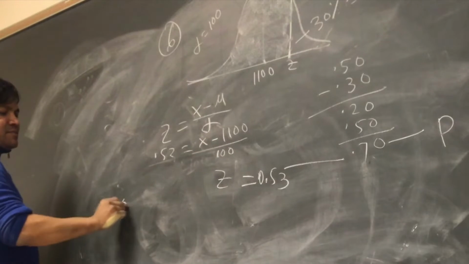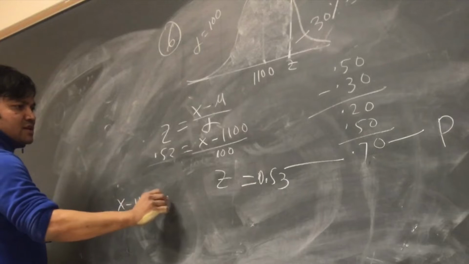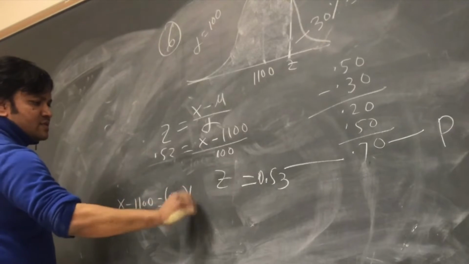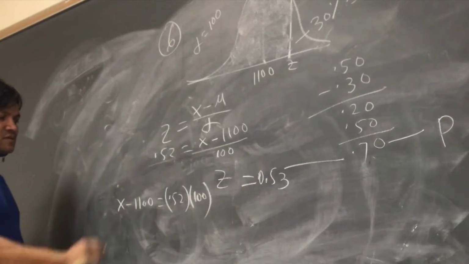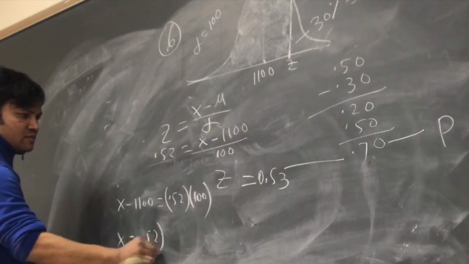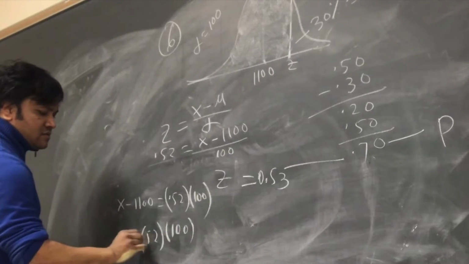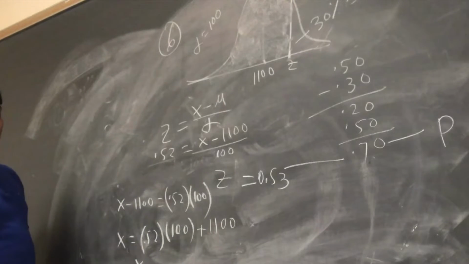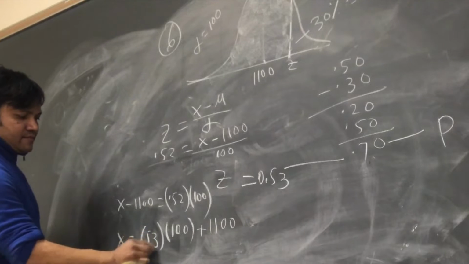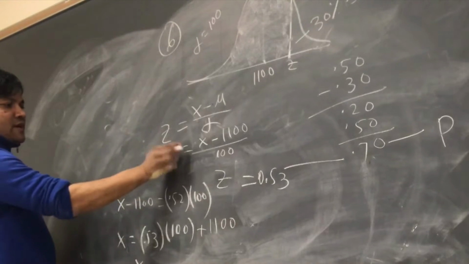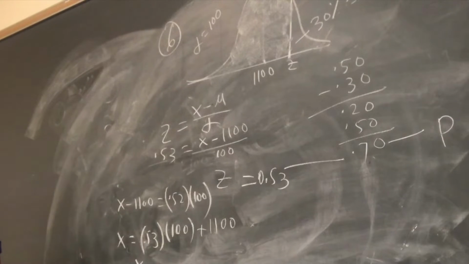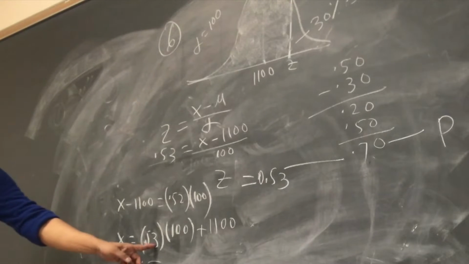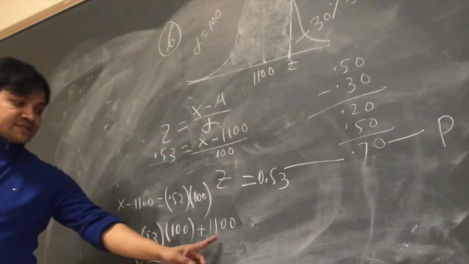So x minus 1100 is equal to 0.53 times 100. So x is equal to 0.53 times 100 plus 1100.